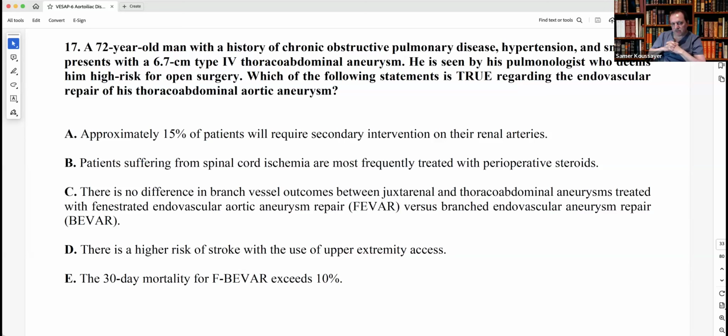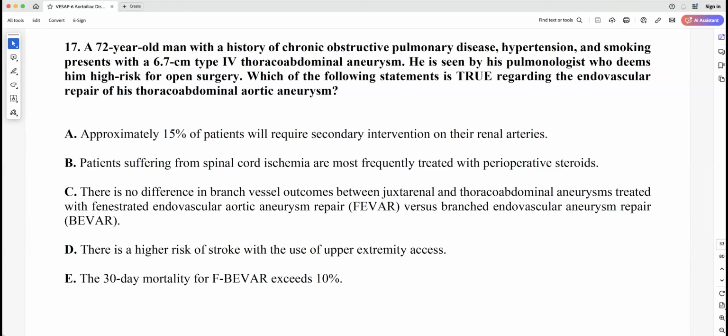But some people are afraid that it increases your stroke risk. So some people now start doing everything from the groin. But really, none of the studies showed that going from the arm increases your chance of stroke. The reason is that most of the time you use the left arm, and the left arm is away from the arch, from the carotid. Unless you have disease, a shaggy aorta, then it's different. But in general, going from the arm will not increase your chance of stroke, if you have a normal arch.